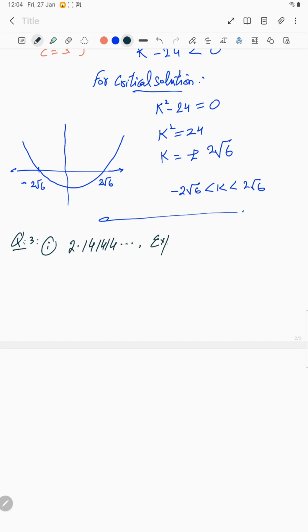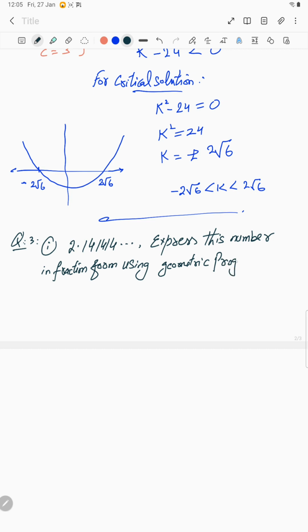You need to express this number in fraction form using geometric progression. This is a 3 marks question.